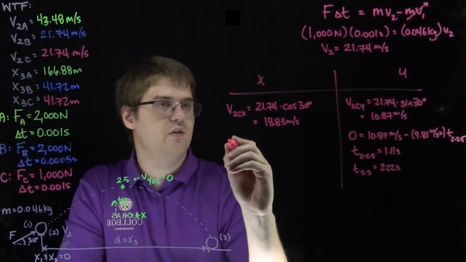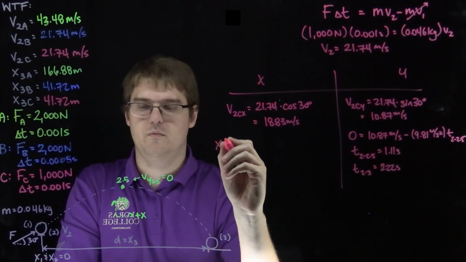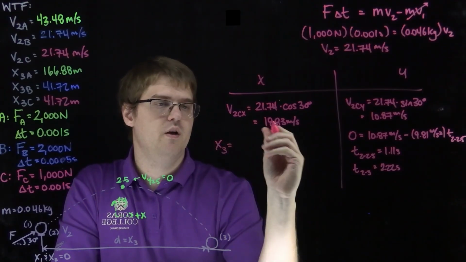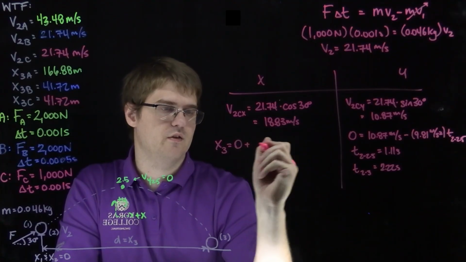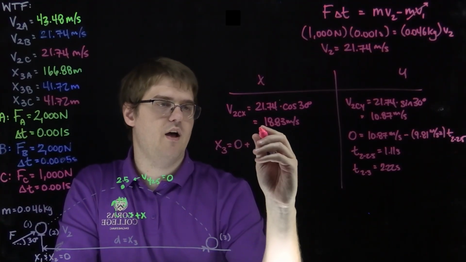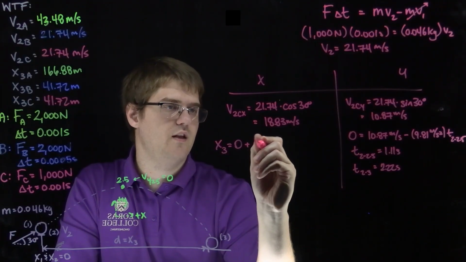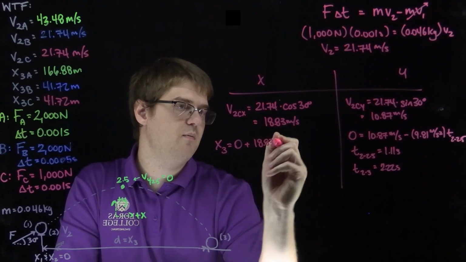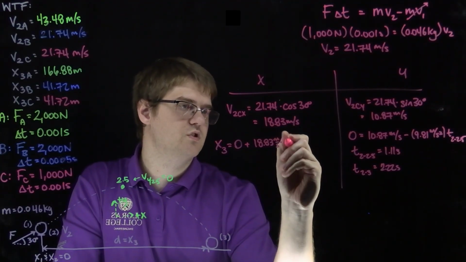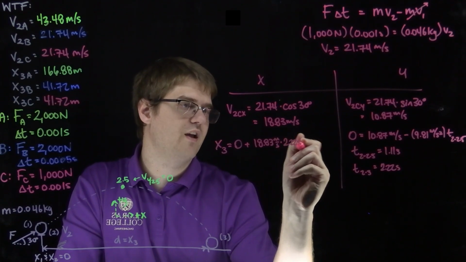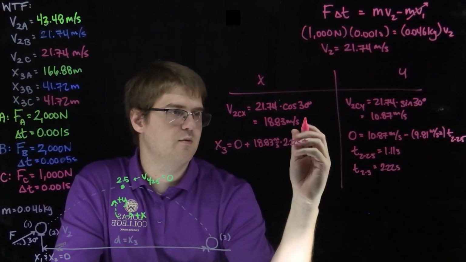I can then say that my x at time 3, which is what I'm going to solve for, is going to be my initial position, which is 0, that's x at 2, plus my velocity at 2, which is 18.83 meters per second in the x, times my time, which is 2.22 seconds, plus 1/2 times my acceleration times my time squared.